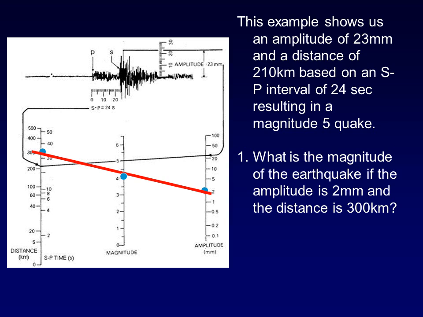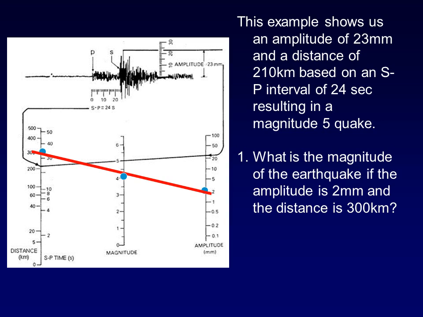Now doing that yourself, what is the magnitude of an earthquake if the amplitude is 2 millimeters and the distance is 300 kilometers? I went ahead and put a blue dot at 2 on the amplitude, which is the line on the right. I put a blue dot on the 300 on the left, which is the distance, and where they overlap, that gives us our magnitude.